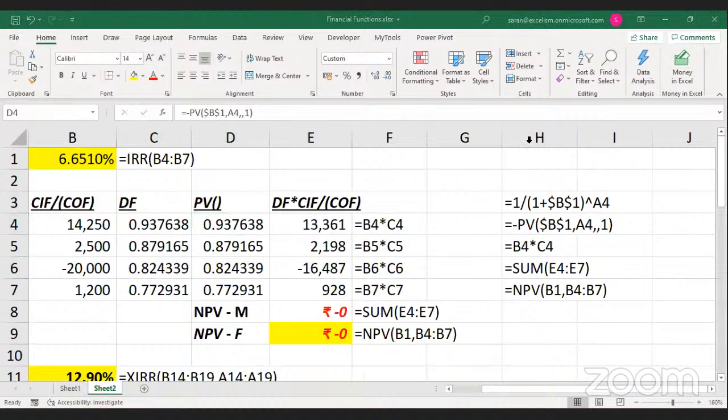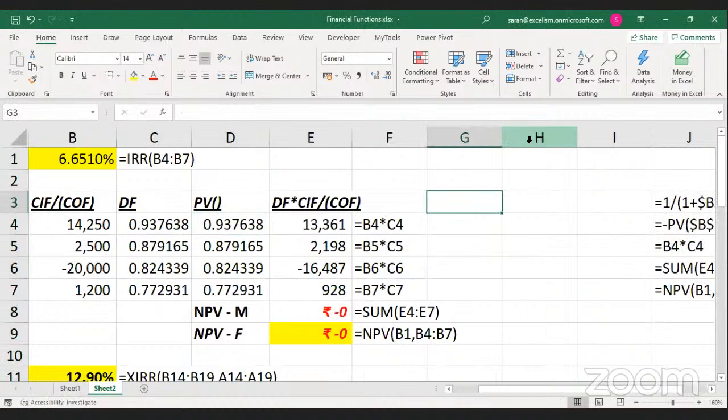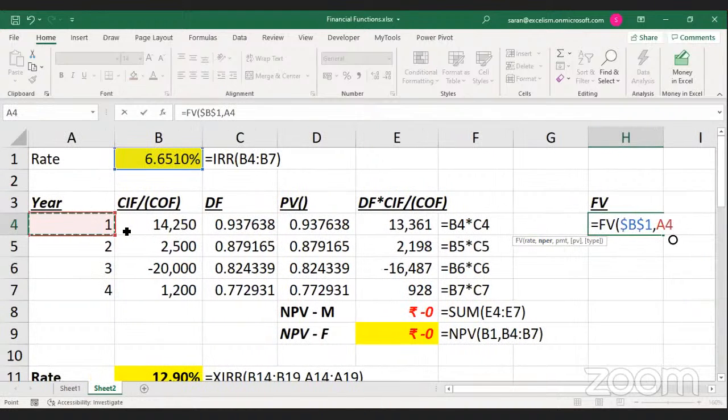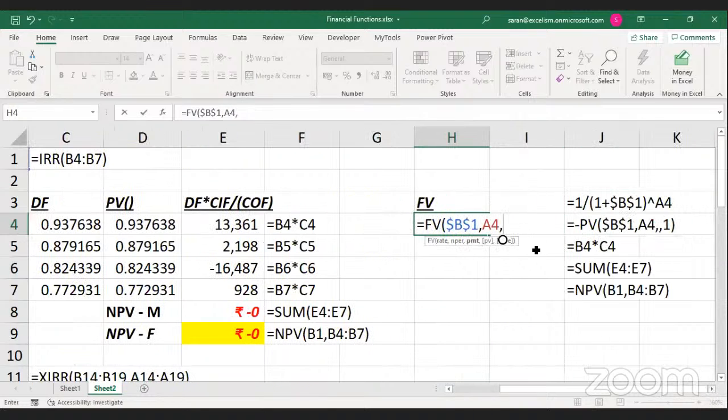Now I'll give you the future value for 1 rupee. So let's take =FV. Let us see the arguments. Rate. My rate is nothing but this rate, F4, comma, number of periods, because I'm going to look for 1 period, 1 year. So, comma, PMT.